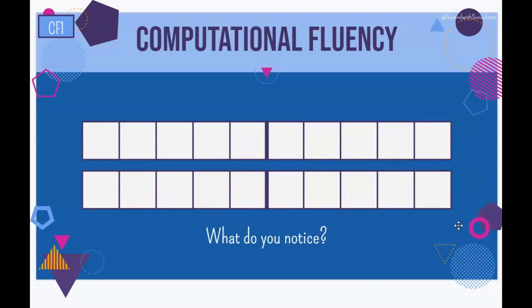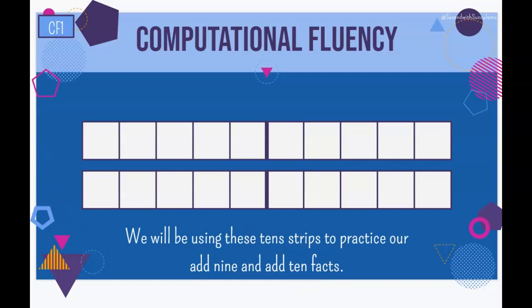You may have also known that if we have two tens strips, 10 plus 10 is 20. Now let's take a look at how we'll be using these. We will be using these to practice our add 9 and add 10 facts. Let's have a look at an example of an add 10 fact.